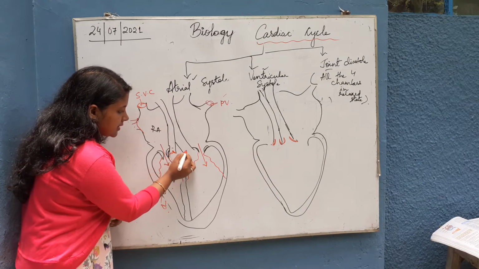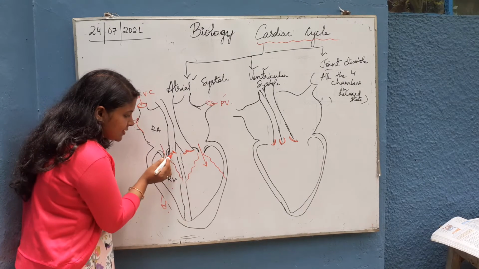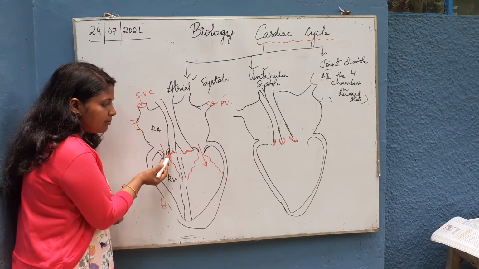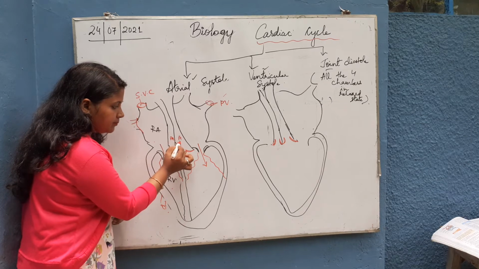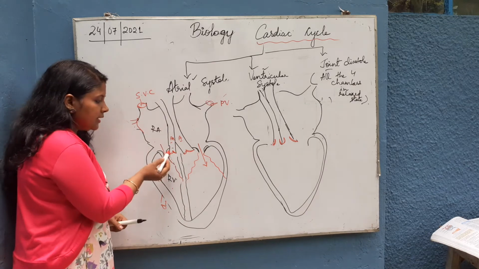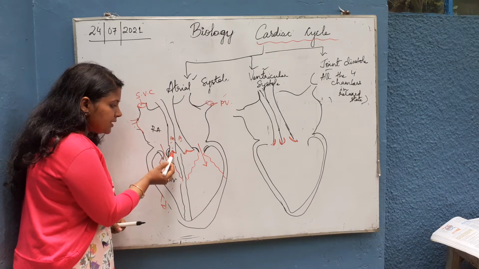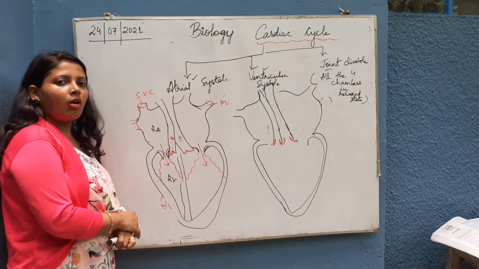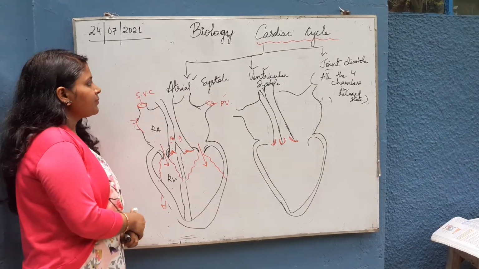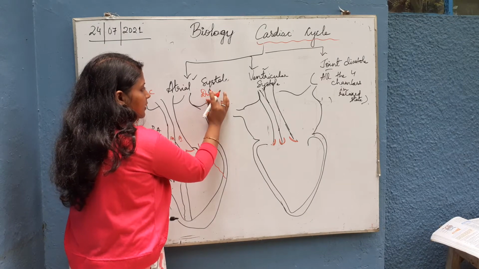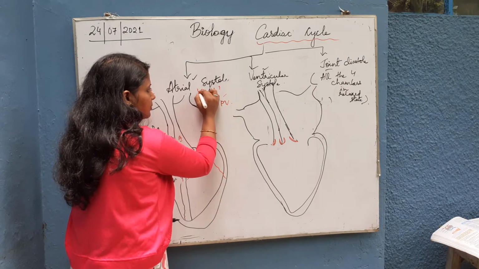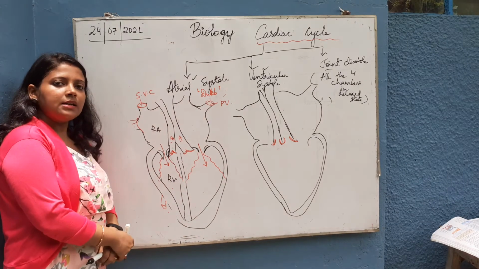The semilunar valves are the valves at the opening of the pulmonary artery and the aorta. When these close, the sound produced is the dub sound. Okay, so the dub sound is produced during the atrial systole.